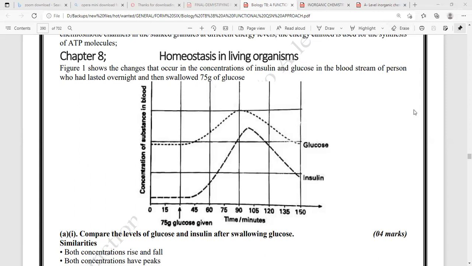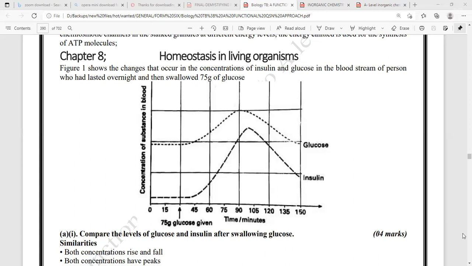When glucose concentration is high, you expect the secretion of insulin by the beta cells of the islets of Langerhans, which brings about conversion of glucose to glycogen, increases cellular respiration, and converts glucose into fats that can be stored. All this lowers the concentration of glucose levels.